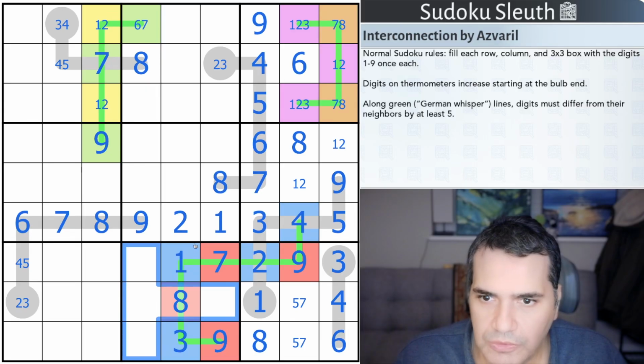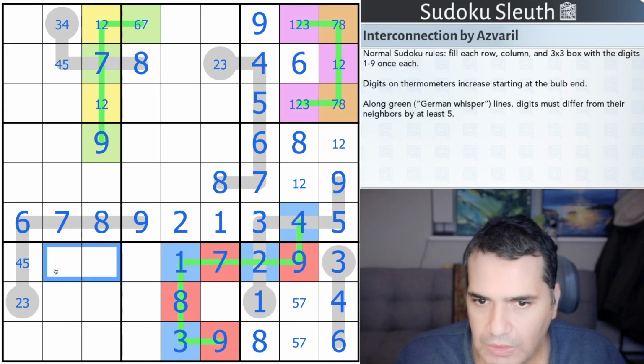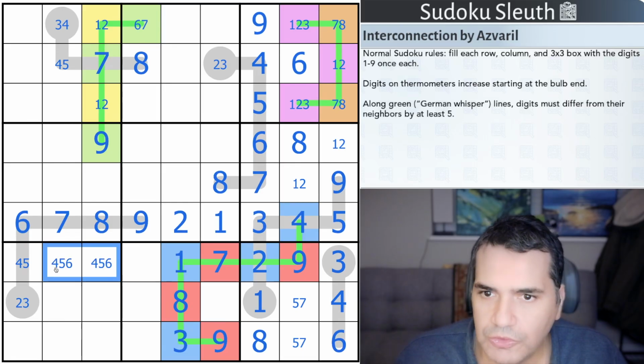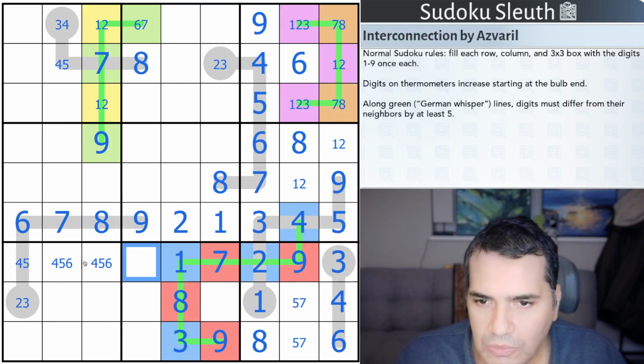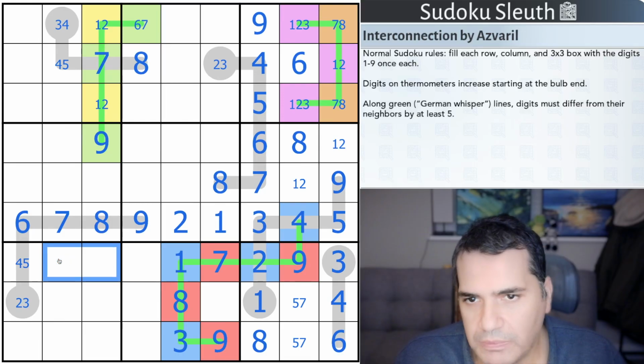Yeah, not worth pencil marking. And here it's 4, 5, 6 from the looks of things, which means this is known. Why did I write 4, 5, 6? Sorry, back up a second.